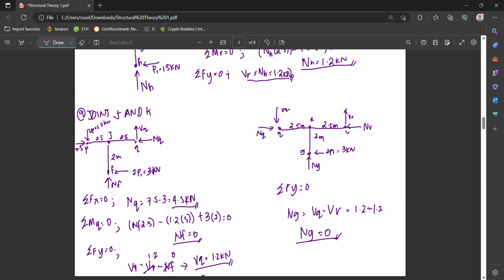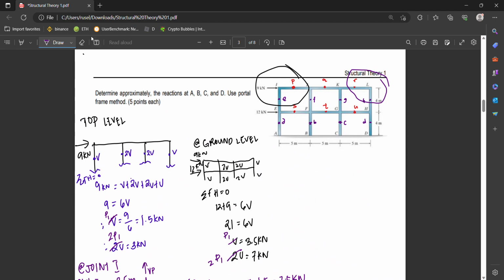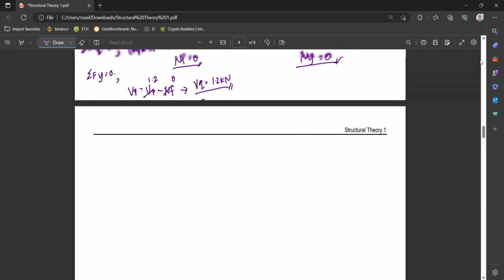After nyan, saan naman tayo? We're already done with this. Let's go with your, ito naman tayo sa E and your H. Since they are symmetrical to each other, join E and H. Okay?